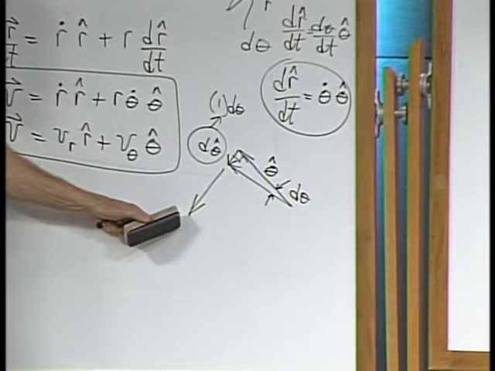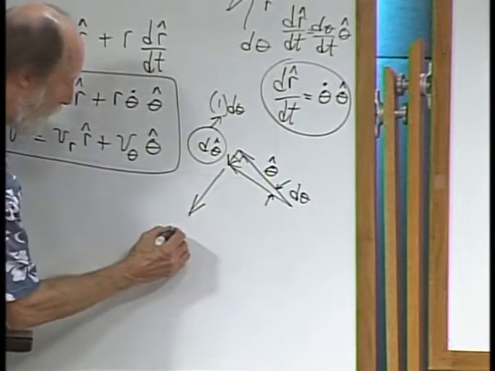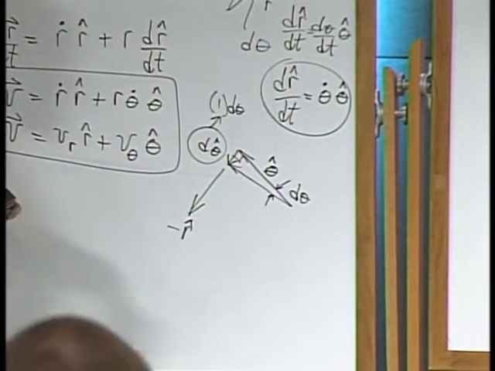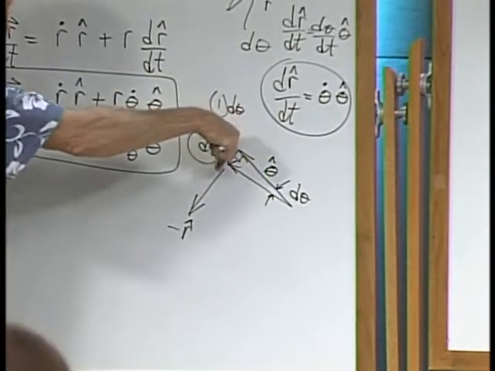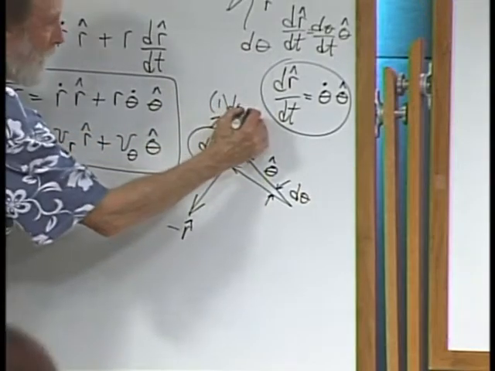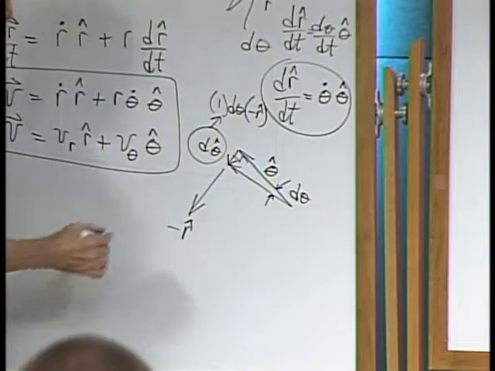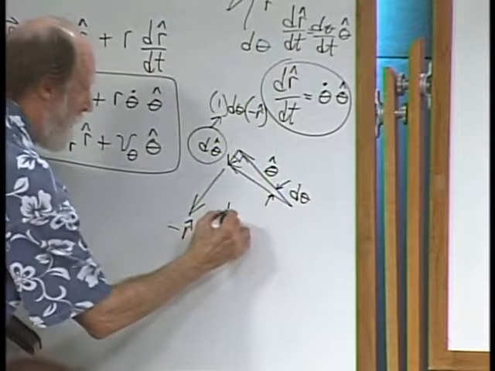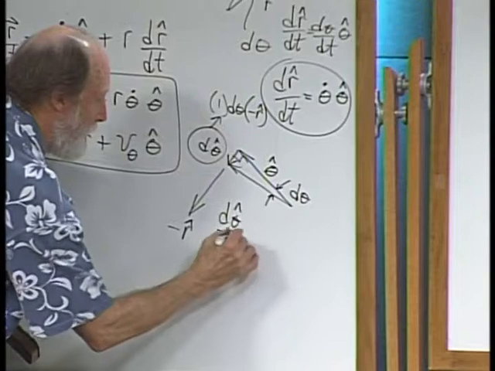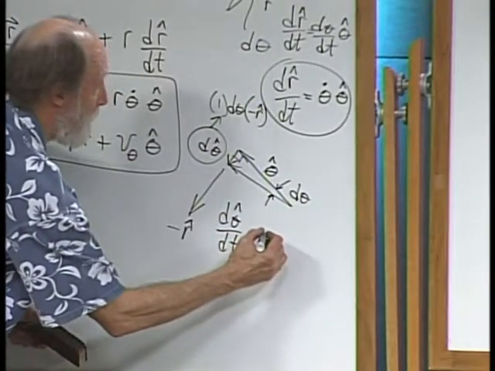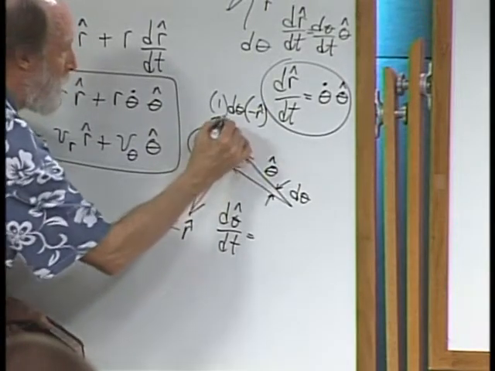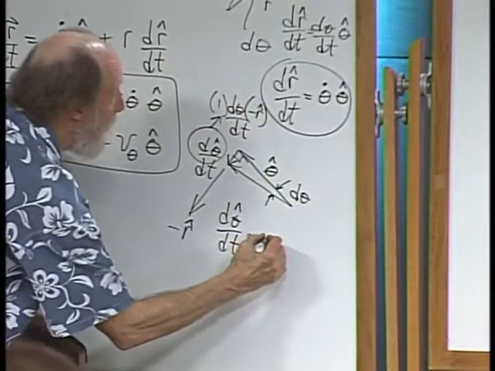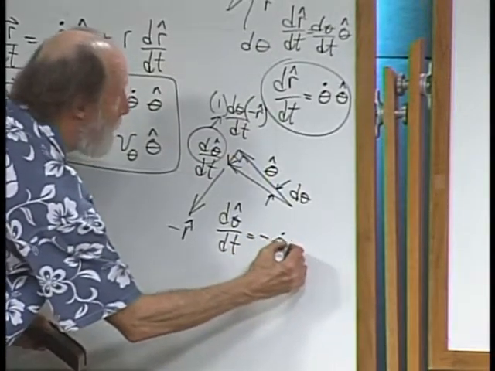It's back towards the pole, isn't it? Yeah, it's in the negative r hat direction. So this little d theta hat vector has this magnitude in the negative r hat direction. So d theta hat dt, dividing by dt, equals minus theta dot r hat.